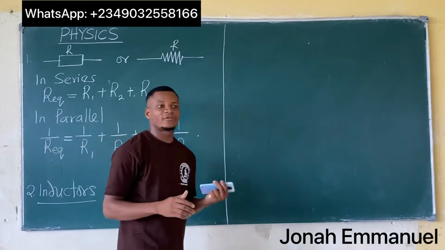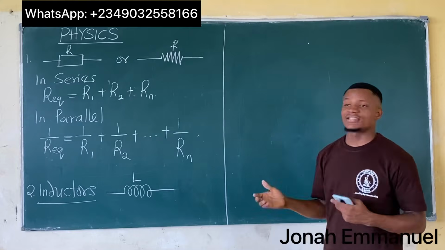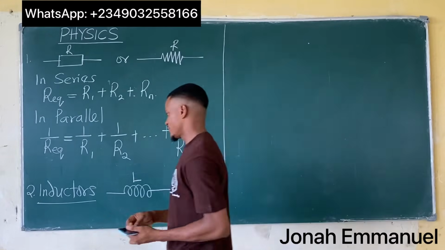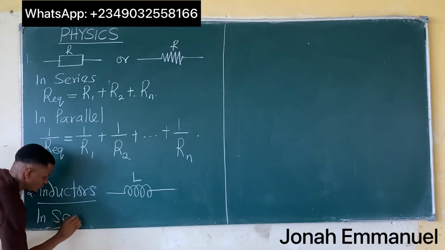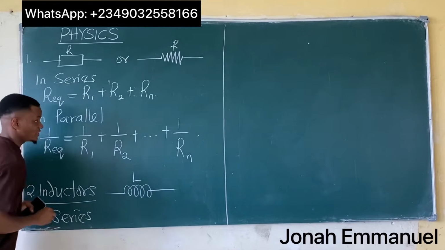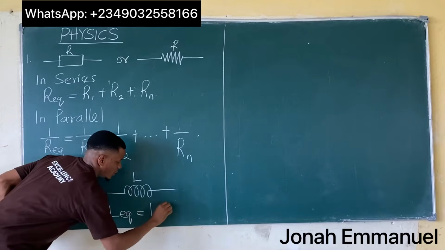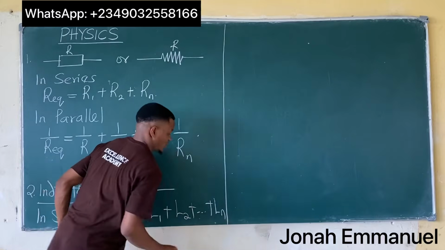Now, the concept of adding in resistors in series and parallel also works for inductors. That means for inductors in series, the equivalent inductor, let's say Leq, is equal to L1 plus L2 plus keep adding them up to the last one.